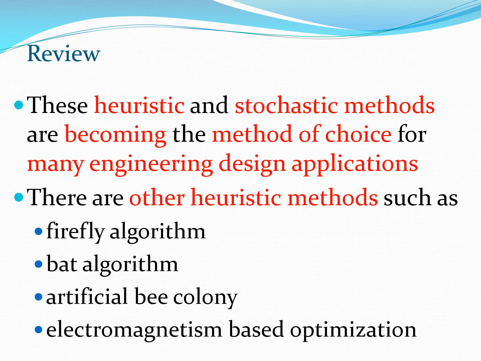For example, we have the firefly algorithm, bat algorithm, bee colony algorithm, the electromagnetism based optimization, glowworm swarm optimization, and so on. So if you check around various journals dedicated to the topic of swarm optimization as well as heuristic and stochastic optimization, you will find that new algorithms are being continuously proposed.